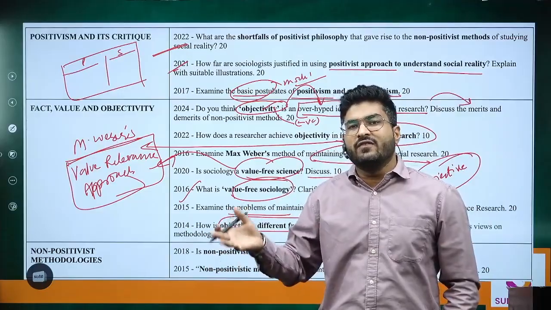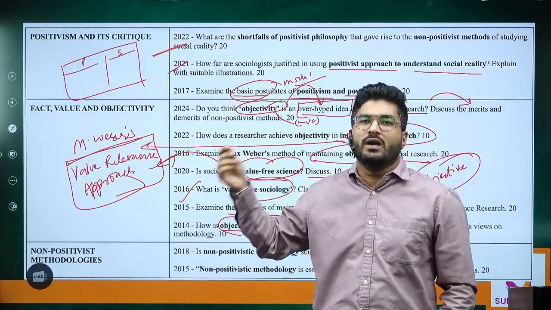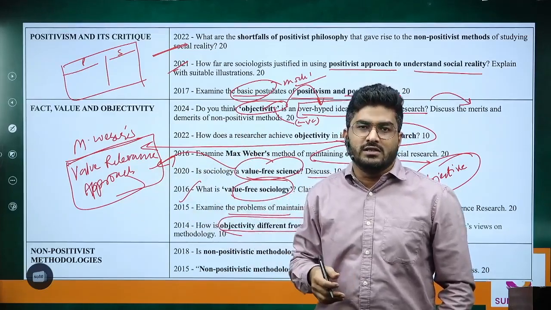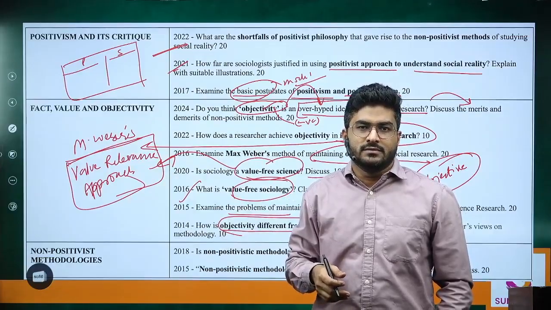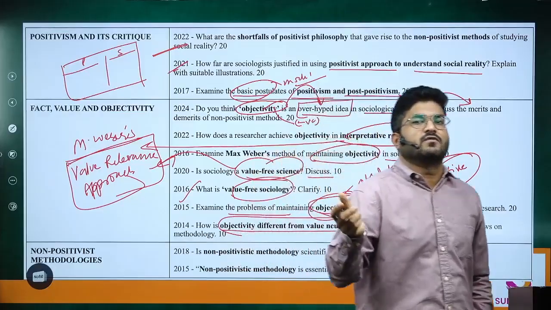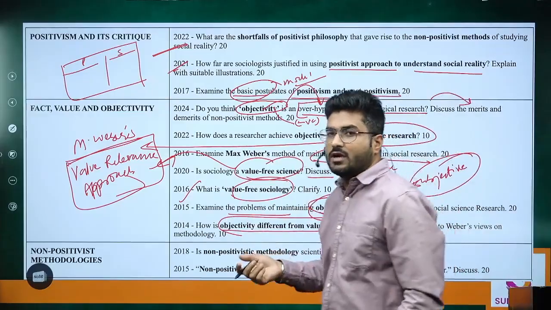Okay, so the scientific temperament was huge at that point of time, and Auguste Comte wanted to make sociology the queen of all sciences. And the word positivism itself is taken from French.